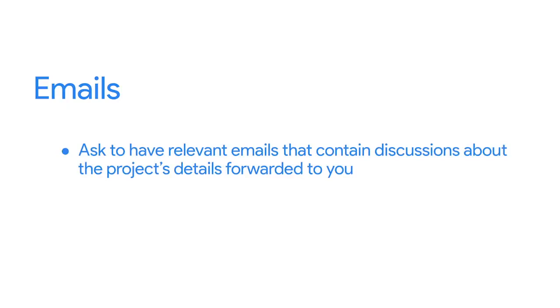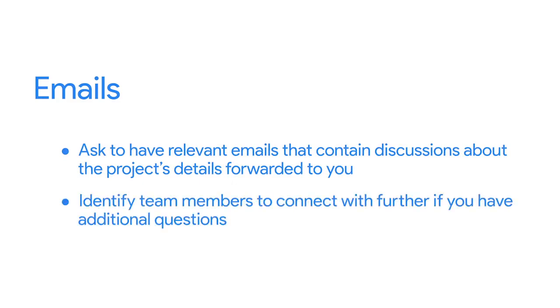Emails that relate to the project can provide lots of helpful information for you to pull tasks from. Since so much communication in the workplace happens over email, ask to have relevant emails that contain discussions about the project's details forwarded to you. These emails can help you uncover tasks, and they can also help you identify team members to connect with further if you have additional questions.